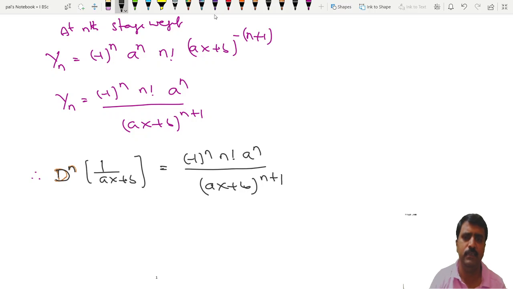This is the nth differentiation of 1 by ax plus b.